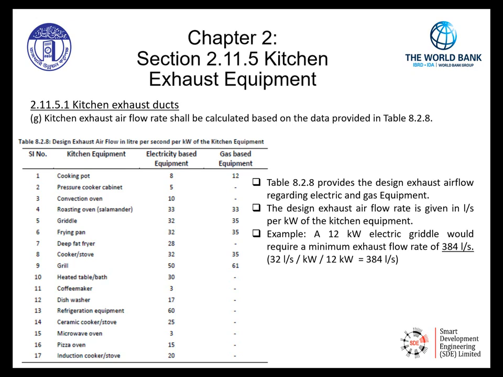That's given the electricity-based equipment at 32 liters per second per kilowatt of appliance equipment. As seen below, 32 liters per second per kilowatt times 12 kilowatts would equate to 384 liters per second.